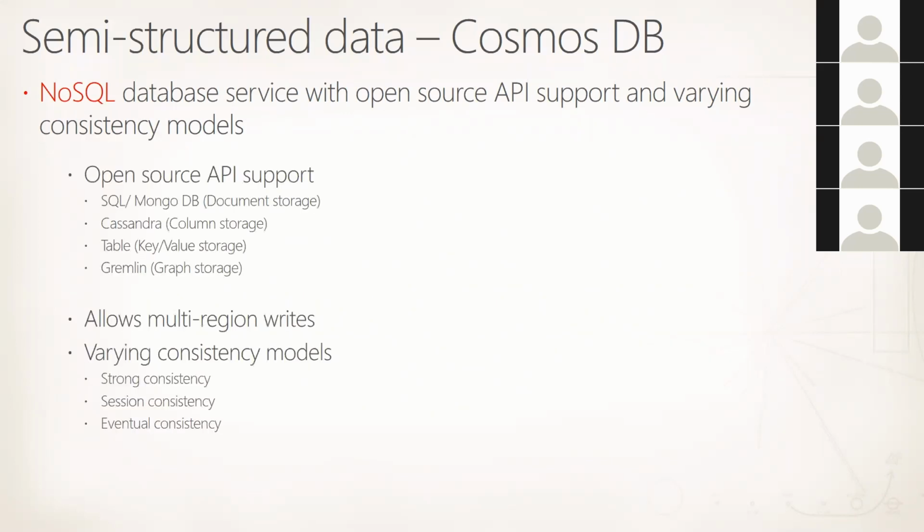Let me show. The first one is it has open source API support. That means we can create the Mongo database. Likewise, we can create a Cosmos database instance where it will behave as a Mongo database, right? It uses MongoDB API. I think you guys know about Mongo database.